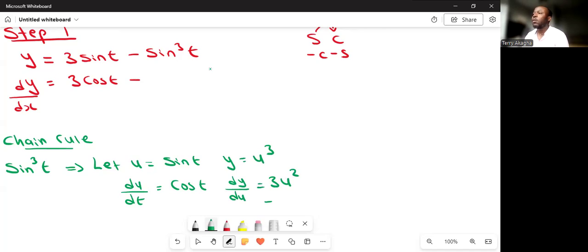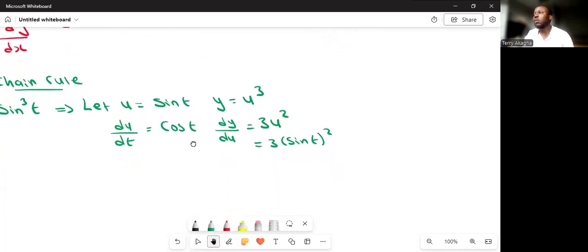Since u is equal to sine t, this is 3 times sine t all squared, which is the same as 3 sine squared t.